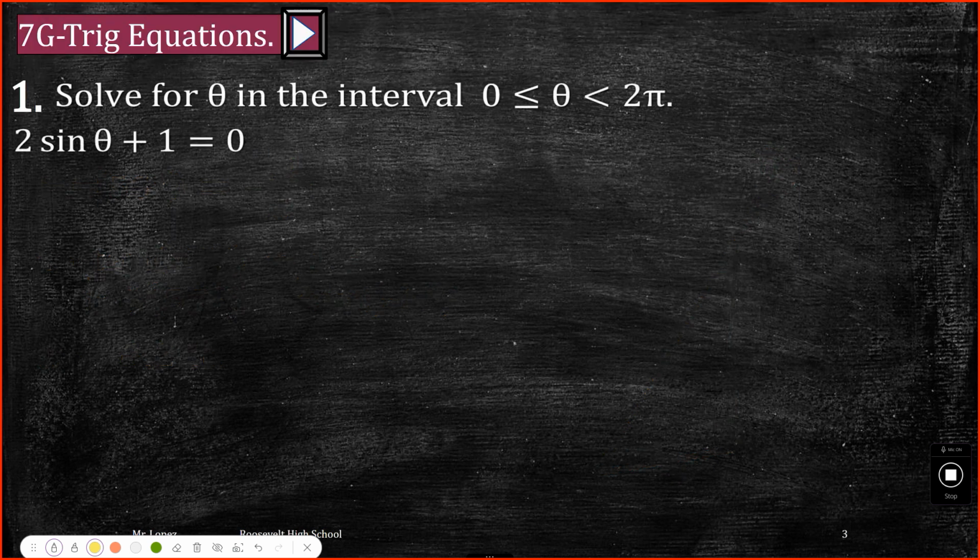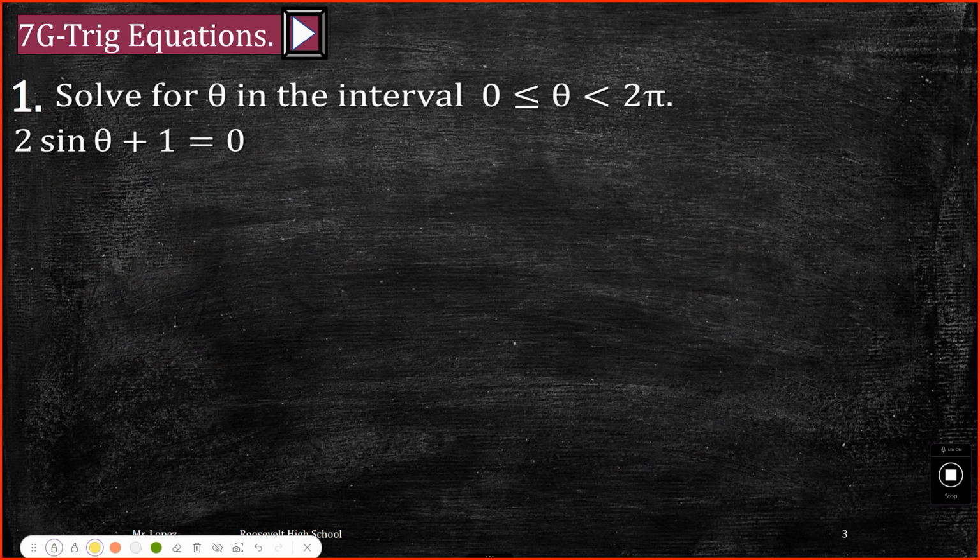All right, let's go. Trig equations, number 1. Solve for theta in the interval from 0 to 2 pi of this trig equation: 2 sine theta plus 1 equals 0. Go ahead and write it down.